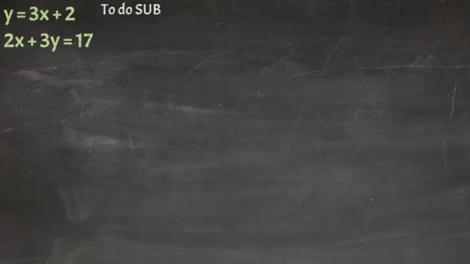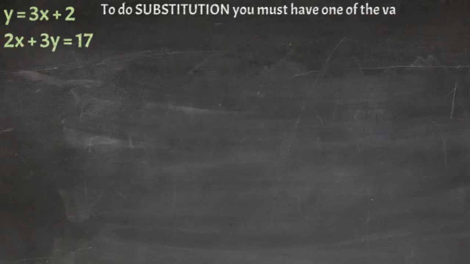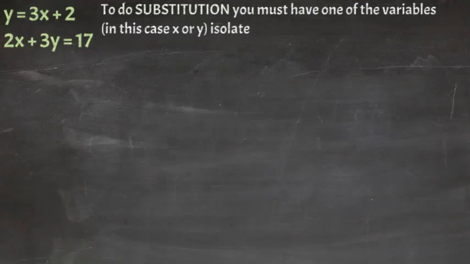So here's the equation from the last slide. Here's the second equation from the last slide. To do substitution, you must have one of the variables, in this case x or y, isolated by itself on one side of the equation. In this case, the first equation is ready to use.